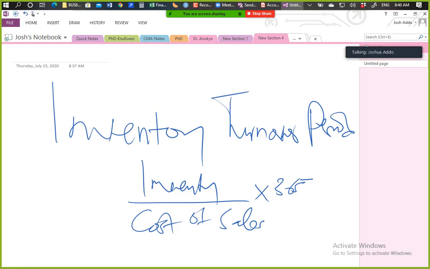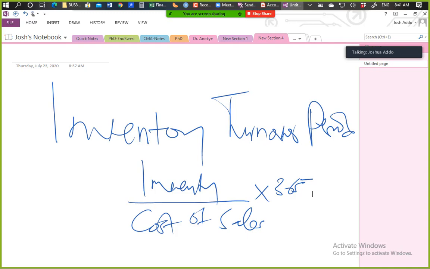Still in other books, you will find them using the closing inventory figure. Any of them is okay, but when a question is given, the examiner should guide you with respect to his approach, whether he wants you to use this one or that one. I think we will do that when we set a question in this area. What we are doing is using the closing inventory. We are not using the average.